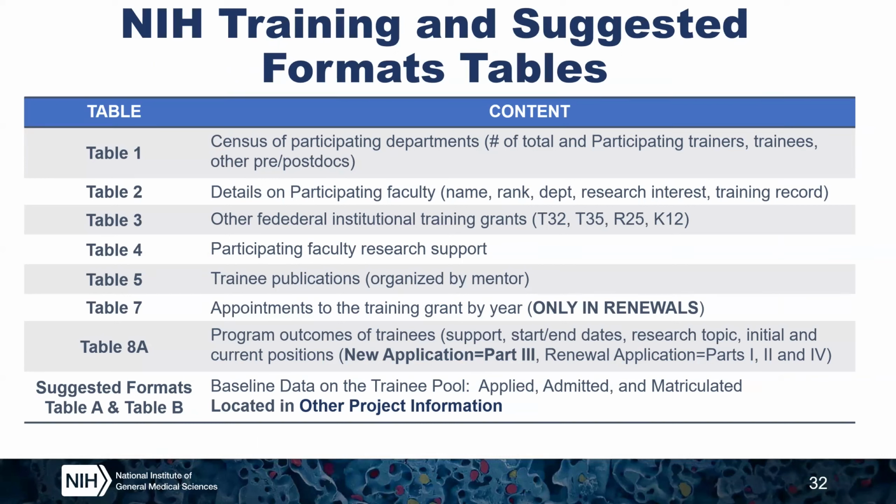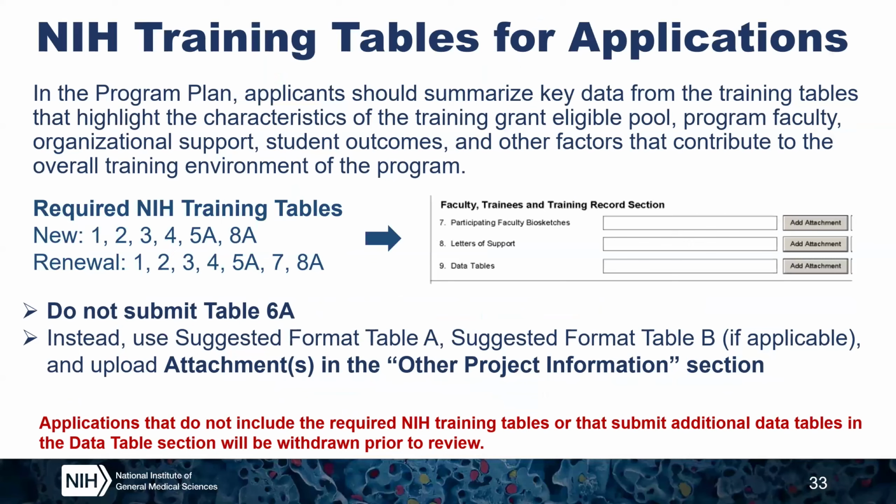Applicants are encouraged to use Suggested Format Table A for single departmental applications and both Suggested Format Table A and Suggested Format Table B for applications with multi-departmental or multi-organizational structures. In the program plan, applicants should summarize key data from the training tables that highlight the characteristics of the training grant eligible pool, program faculty, organizational support, student outcomes, and other factors that contribute to the overall training environment of the program.